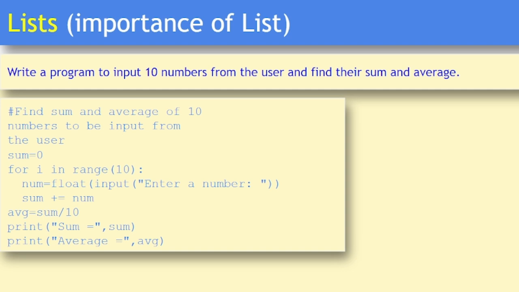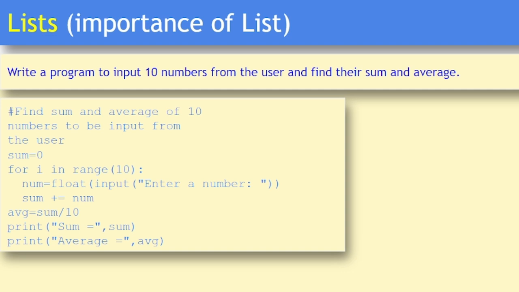Finally, after execution of this loop 10 times, sum will hold the sum of all these 10 float numbers. After coming out of this loop, avg is equal to sum upon 10. So this is giving the average. And over here, print sum is equal to sum.